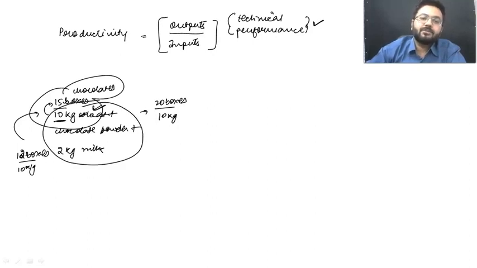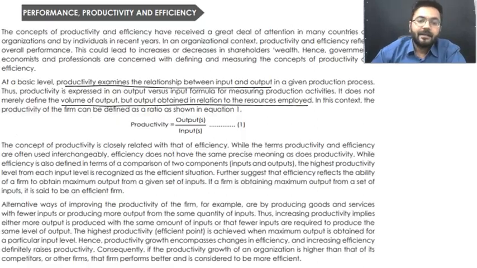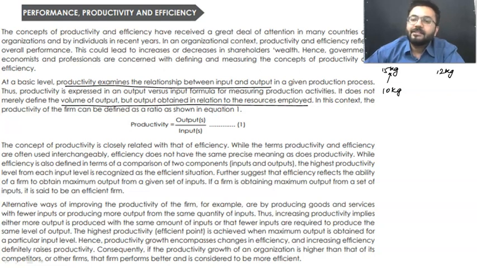What are the various resources which we have applied in order to get this output? And that is the input. Moving ahead, my dear students, talking about the next part. This productivity is very much related to efficiency, because using the same 10 kg, if we are able to make 15 kg and our competitors are making 12 kg of output, that means our efficiency is much better than theirs.